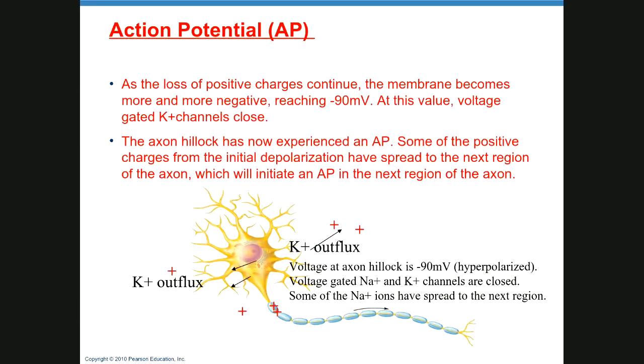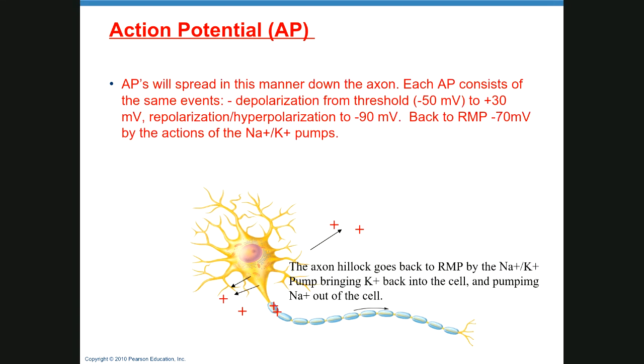More and more positive charges leave the cell until the cell reaches minus 90 millivolts. At minus 90 millivolts, the voltage-gated potassium channels are going to close, and now the resting membrane potential is going to be restored. So remember, minus 90 millivolts is the hyperpolarization of the cell, or of the axon hillock of the cell.